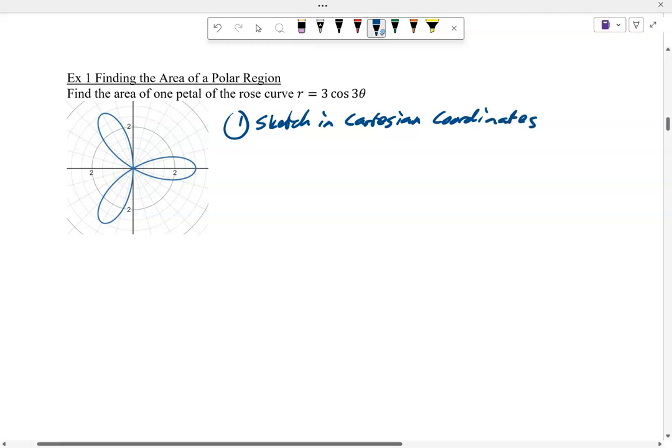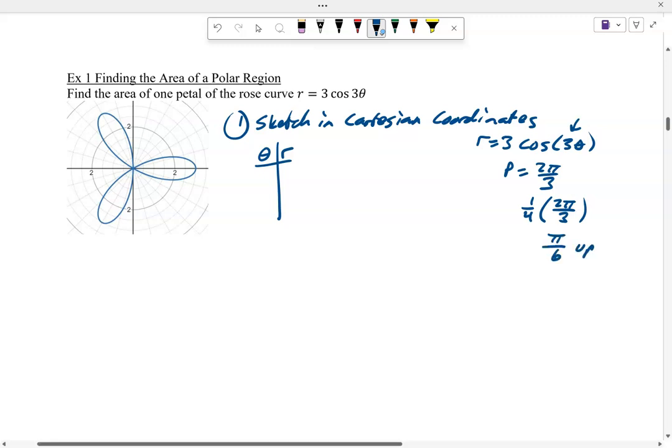So if you're thinking about r equals 3 cosine 3 theta, your period on this would be 2 pi over that 3. Some nice key points, if you were throwing in thetas and r's here, would be to go up by 1/4 of that. Split that into fourths. So in other words, you want to go up by pi over 6.